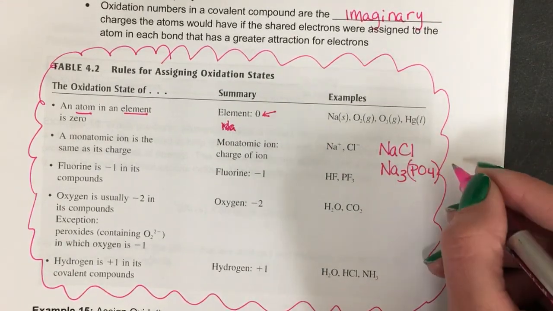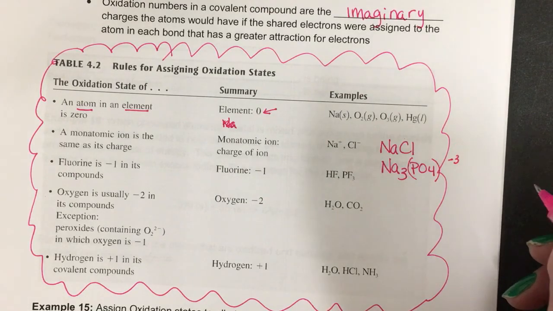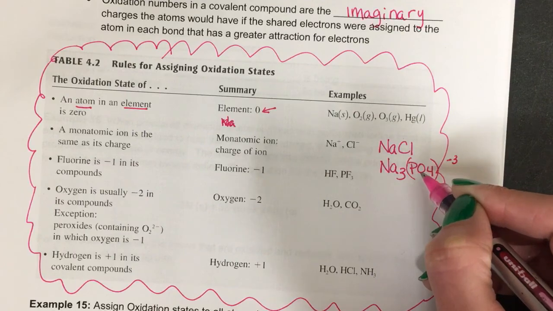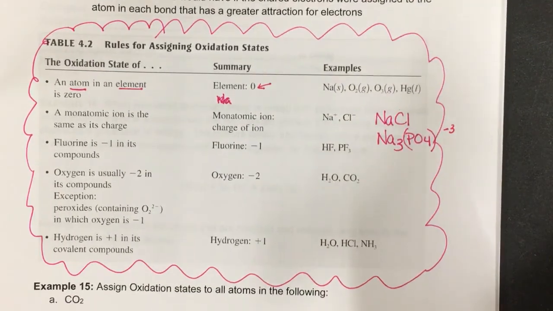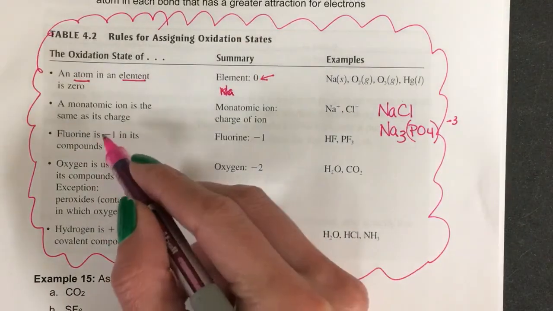PO4 as a polyatomic ion has a -3 charge. I would still have to discover the oxidation number on the P and the O separately. Okay? So for covalent compounds or polyatomic ions, I need to use the rules down here.